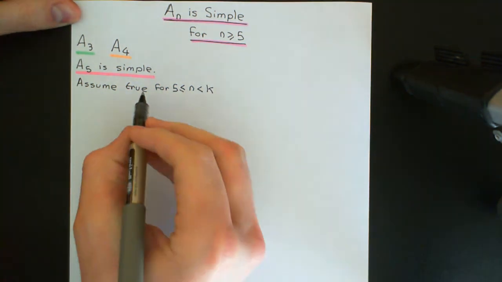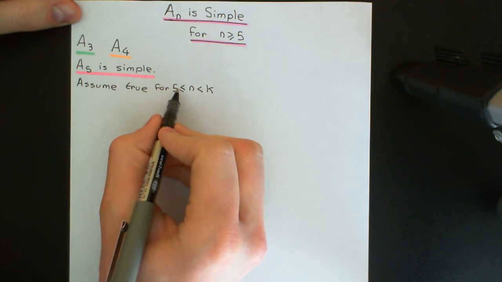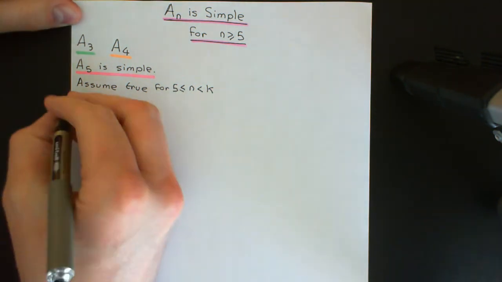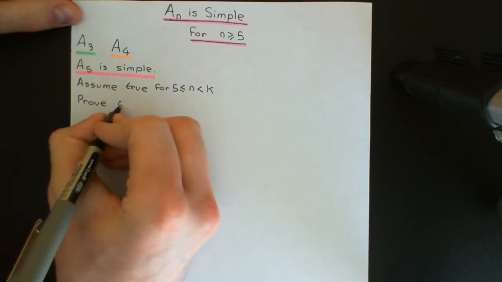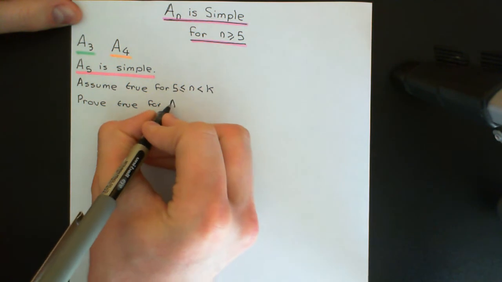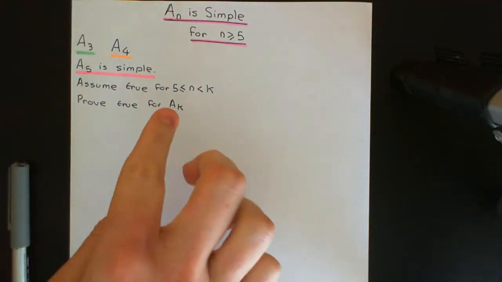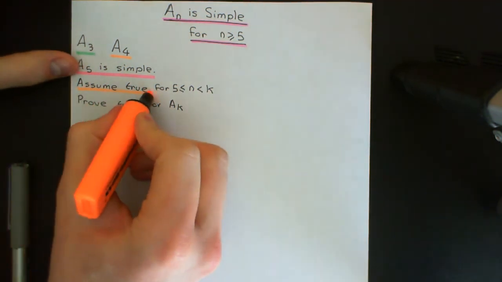So we're going to assume that An is simple for n greater than or equal to 5 but less than some k. And now we need to prove that it's true for n equal to k, so for the alternating group on the set of k elements. Basically, we assume that it's true for all of the ones up to a certain point.